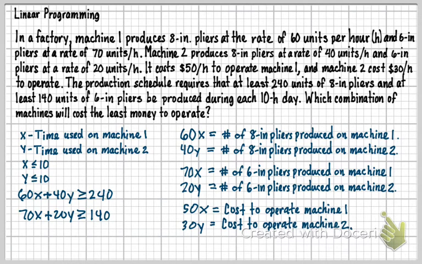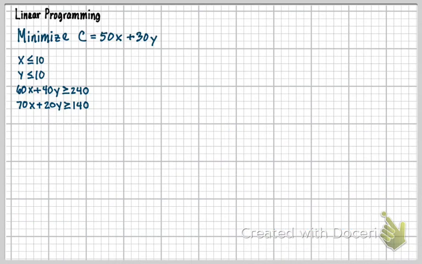So now our cost function, call it C, is going to be 50X plus 30Y. Now we have all the information we need to actually minimize our cost. So our problem becomes as simple as: minimize C equals 50X plus 30Y, subject to all these constraints.